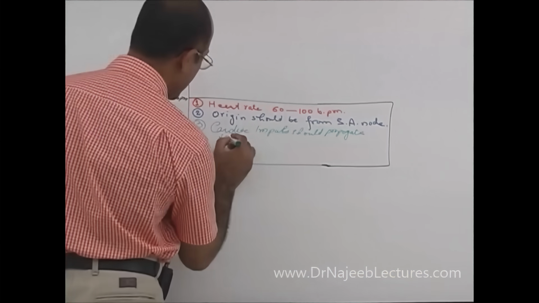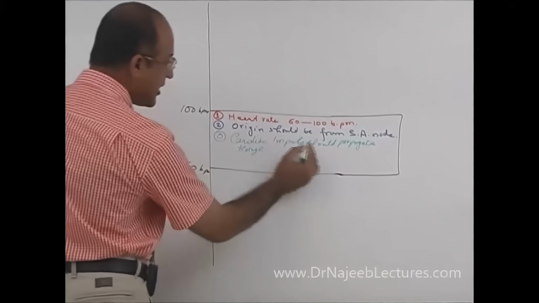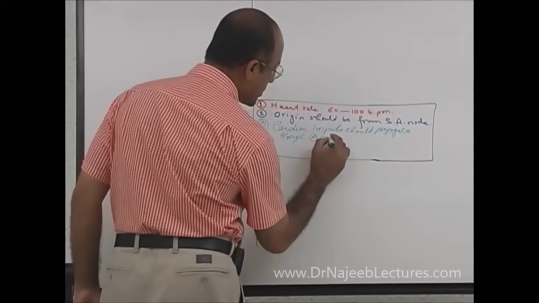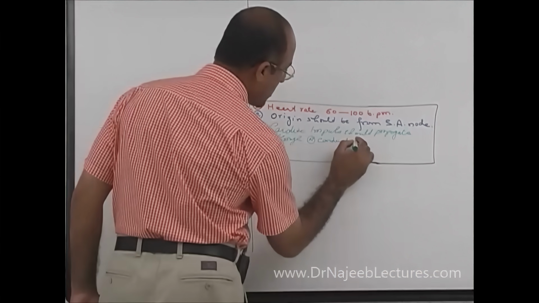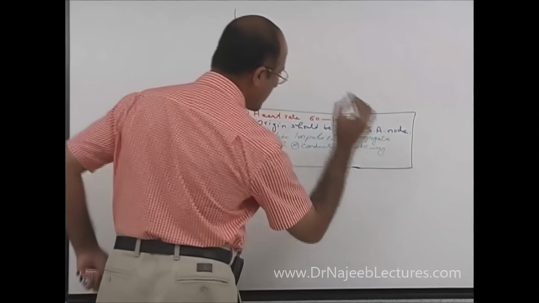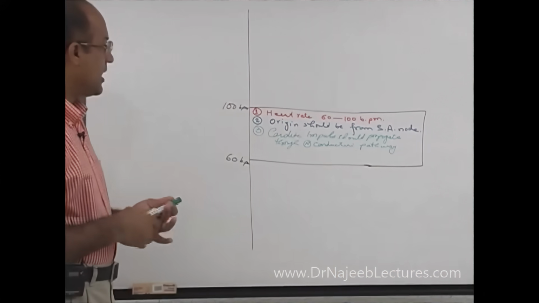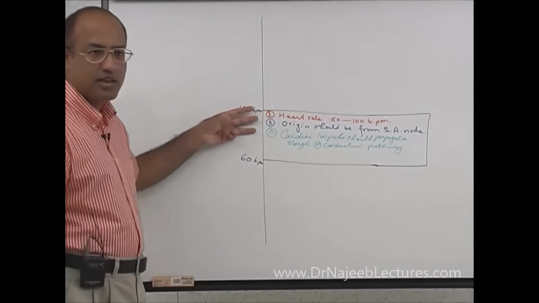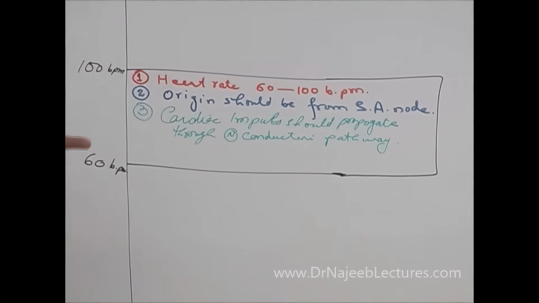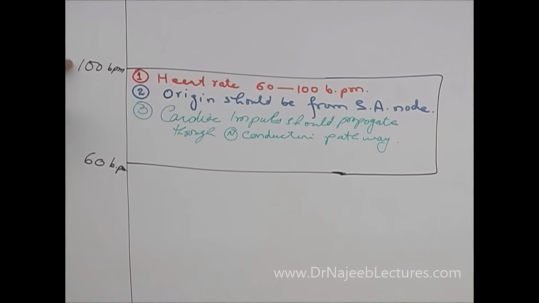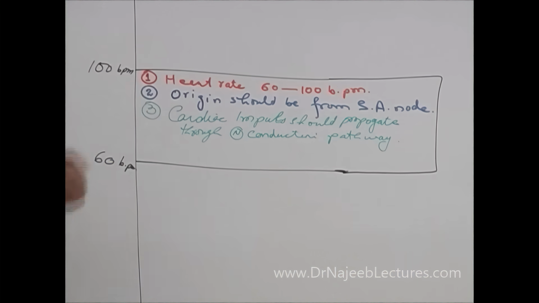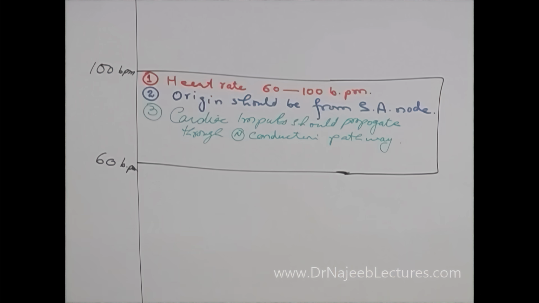Again, let's discuss the first three criteria. If I have to declare your heart rate is normal, it means number one, your heart rate should be between 60 to 100. Number two criteria, every impulse should originate from the SA node.